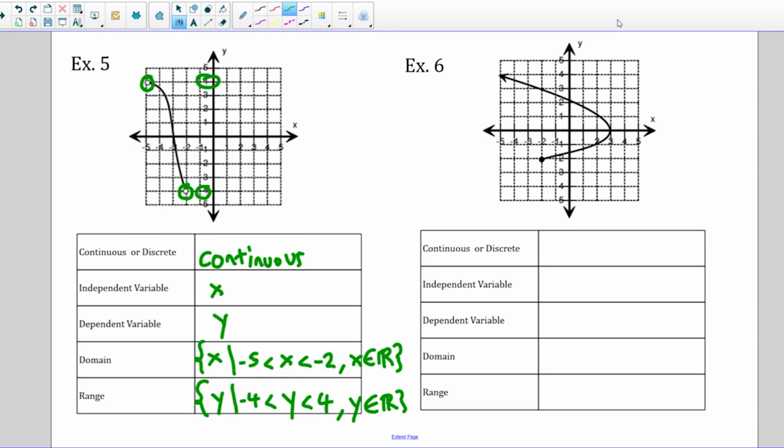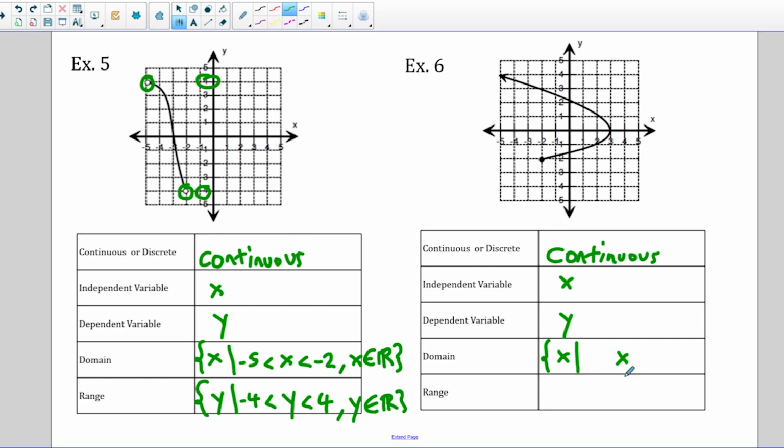Our last question on this page is also a little bit tricky. Again, we can see that we have one continuous line, so we're looking at continuous data. Out of context, we have our independent variable, which is x, and dependent, which is y. Now let's start with the domain here. So I can start off again with the stuff that we typically write down, the set of all x values, such that I'm going to put x right there in the middle.